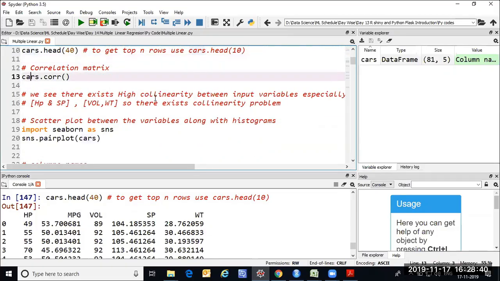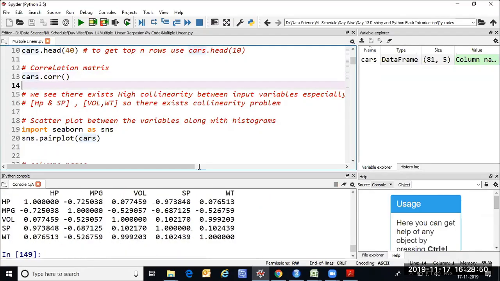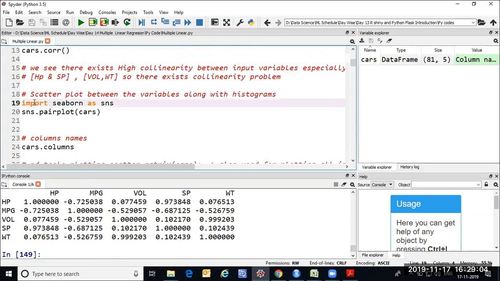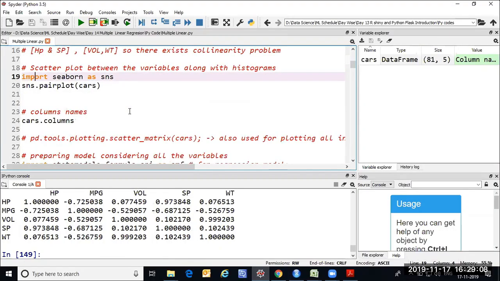For drawing a correlation matrix, the function is .corr with braces. It gives you the correlation matrix that we already saw, where volume and weight have a high relationship. And why do we use the Seaborn library? For advanced visualizations.